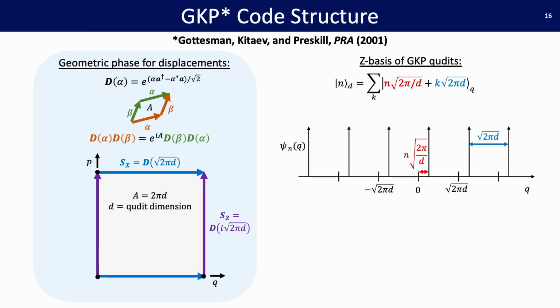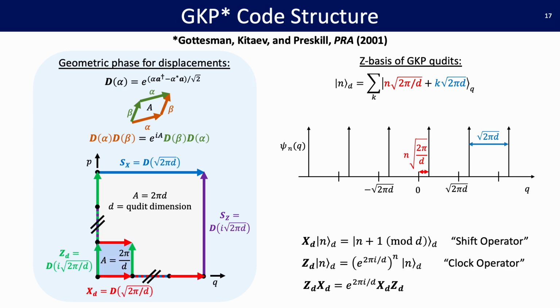And these code words of the GKP qudit are again grids of position eigenstates. But here we can see that the characteristic lattice spacing has grown. It's scaled to be larger, to be root 2 pi d. And on the other hand, the spacing between our code words has shrunk by root d, and it's now root 2 pi over d.